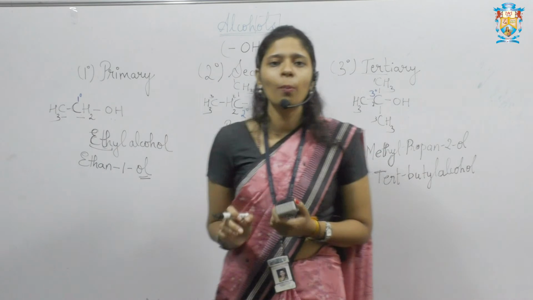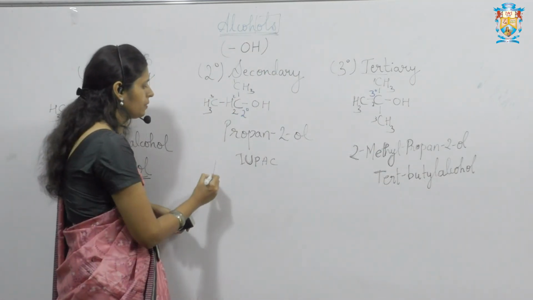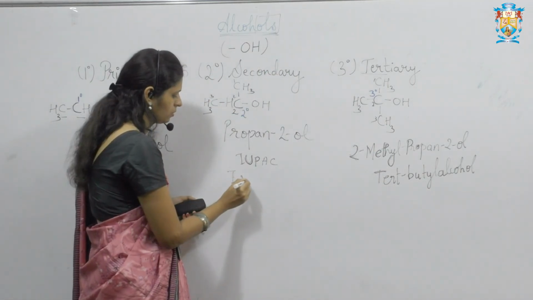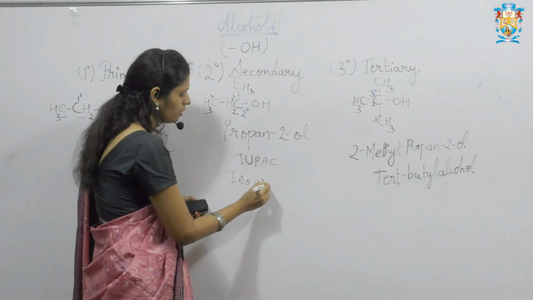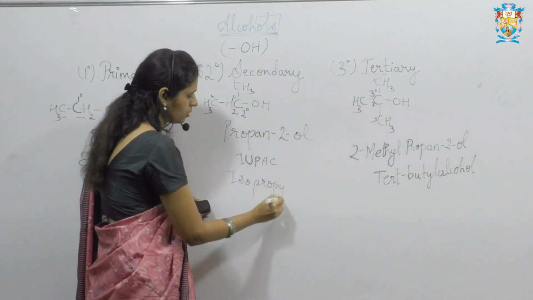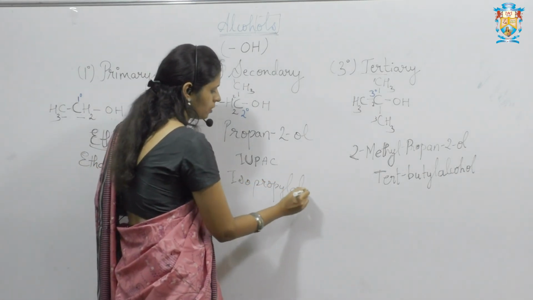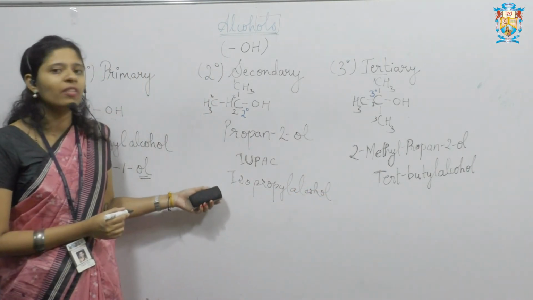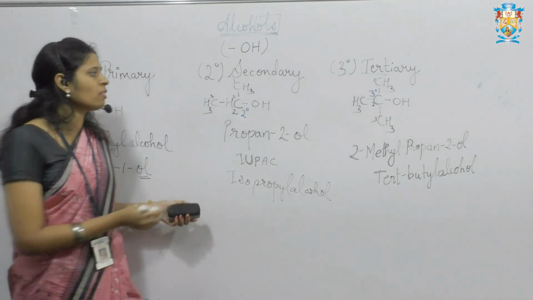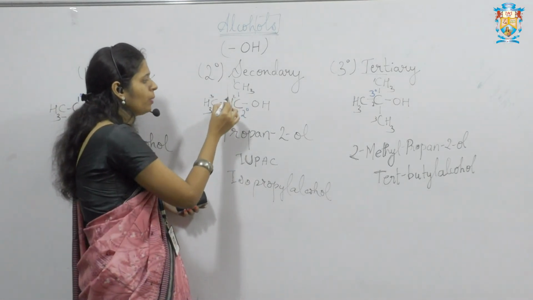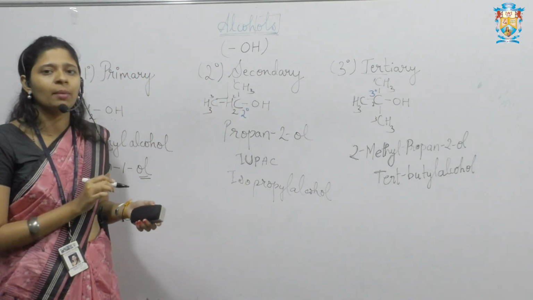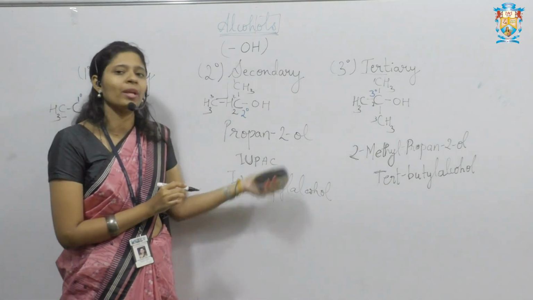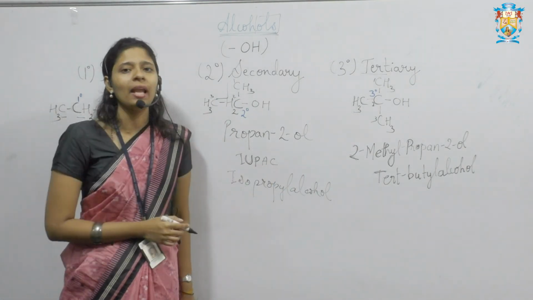Similarly, for propan-2-ol, I will write isopropyl alcohol. This will be iso because this group is an iso group. So the common name for propan-2-ol will be isopropyl alcohol.